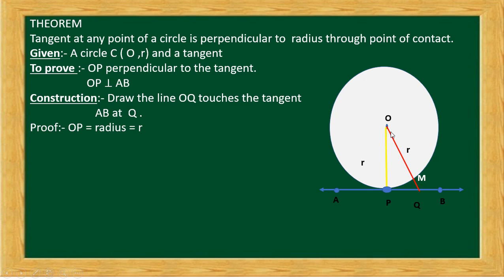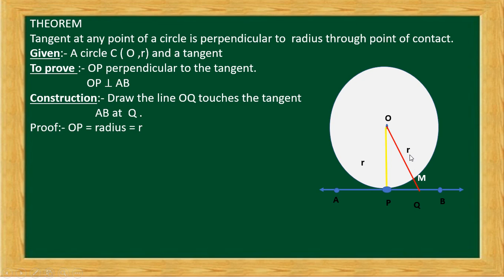Now let's talk about the line segment we have drawn, OQ. Now when we observe this OQ, it is a combination of OM and MQ. This line OQ intersects the circle at point M, and this point M is again on the boundary of the circle, that is, OM becomes the radius of the circle. So OQ is the combination of OM and MQ.